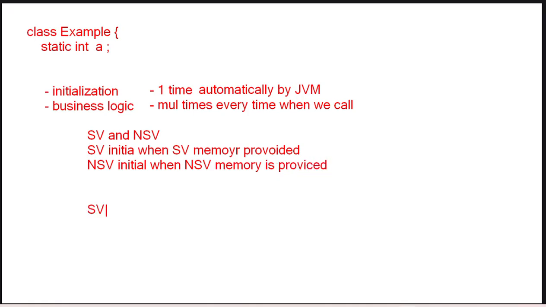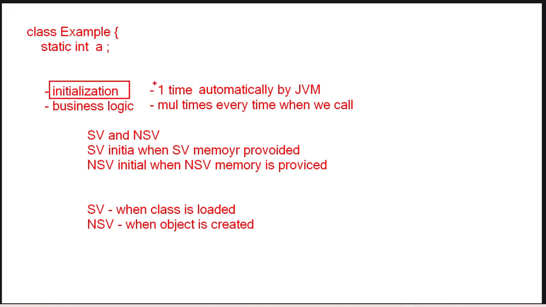Static variable memory is provided when the class is loaded. Non-static variable memory is provided when an object is created. Keep this in mind and tell me, I want to write initialization logic for executing one time automatically by JVM. Where should I write?